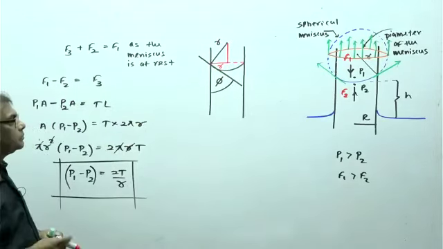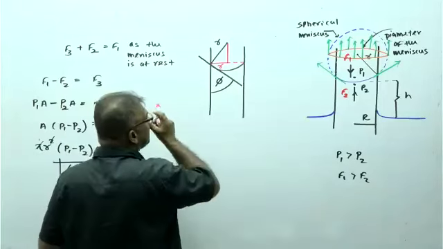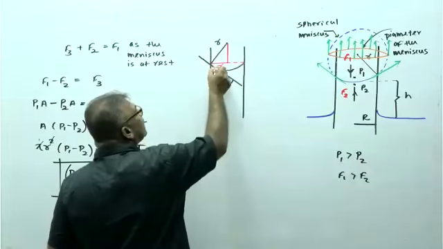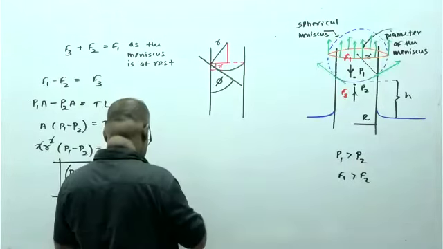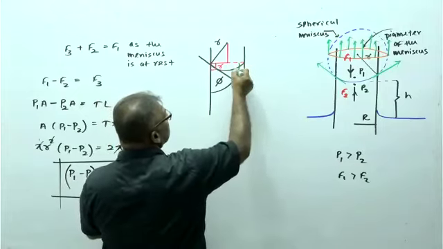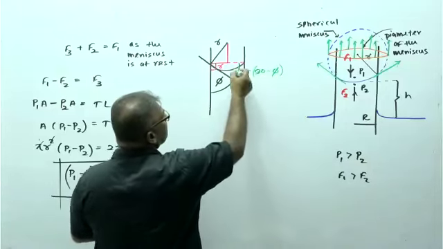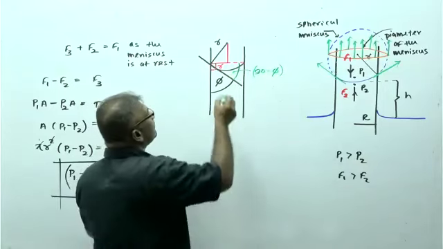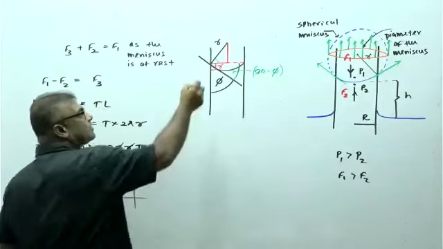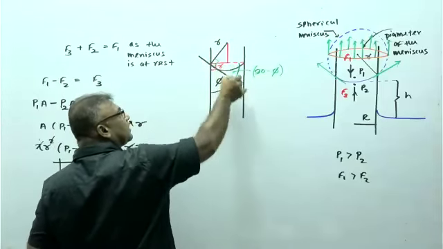Is that clear? Right. Now let's check whether this works out. This one is psi. This whole angle is 90 now. Then the angle from here to here is 90 minus psi, no? This is 90, as this is the radius line for the meniscus and the tangent.